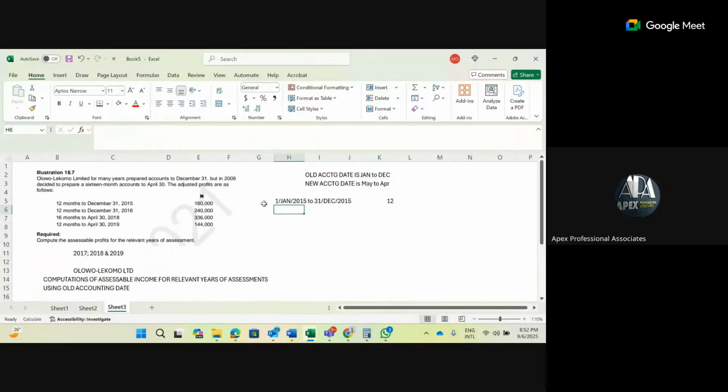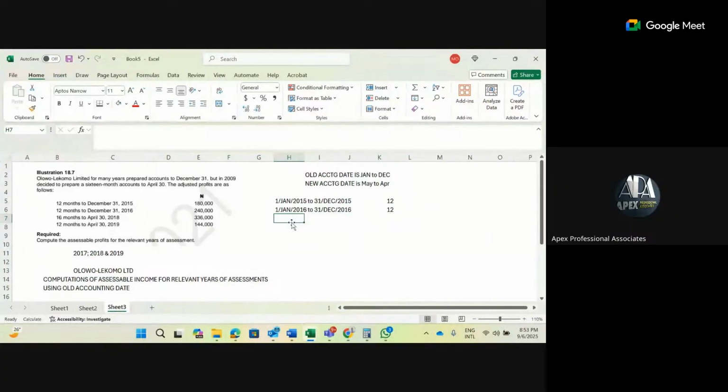The next profit is from 1st of January 2016 to 31st of December 2016. How many months? 12 months. This one of 336,000, what is the beginning?